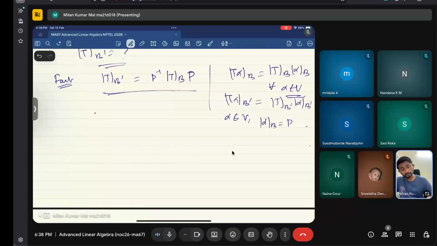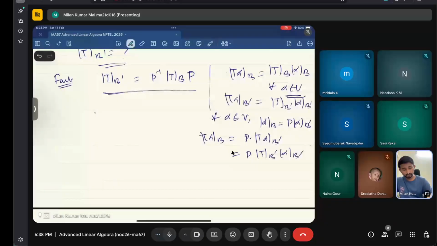This is true in particular for T alpha, so T alpha B can be written as P into T alpha B dash. But T alpha B dash is equal to T B dash alpha B dash. And another way, T alpha B is equal to T B alpha B.